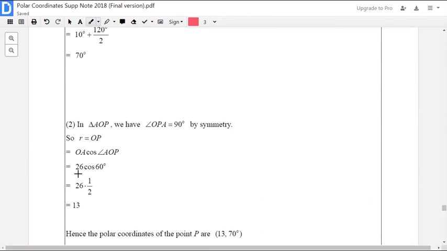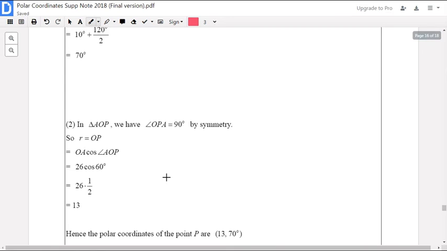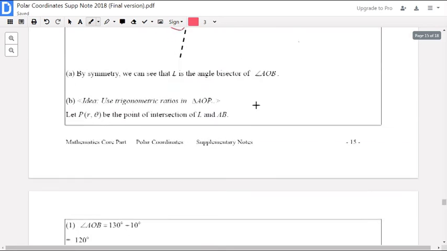OP must be 26 cosine 60 degrees. And cosine 60 degrees, a special angle, is 1/2. Simplifying, r must be 13. Therefore, the polar coordinates of P should be (13, 70 degrees). And we have solved the whole problem then.